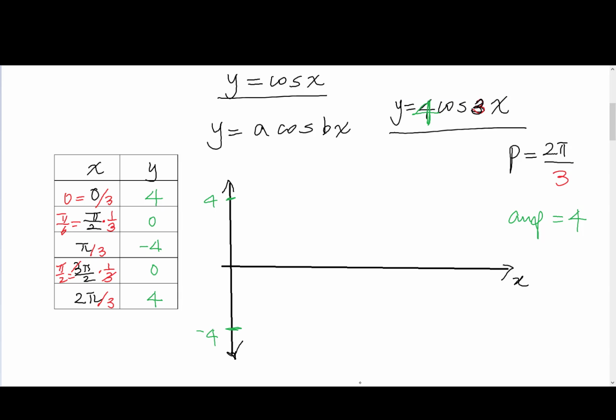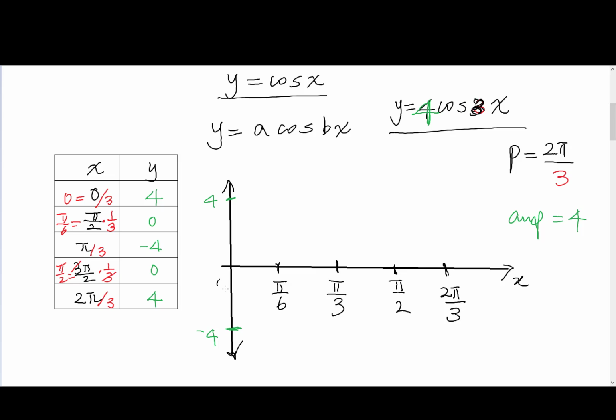So now if I graph y equals 4 cosine 3x, with the period changed to 2 pi over 3 and amplitude 4, you would mark these values. The period is now 2 pi divided by 3 because of the coefficient 3x. Half of that is pi over 3. Then pi over 2 divided by 3 is pi over 6, and 3 pi over 2 divided by 3 is pi over 2.